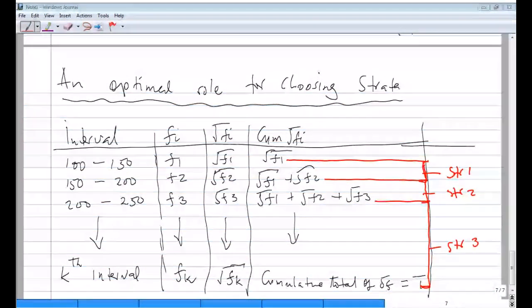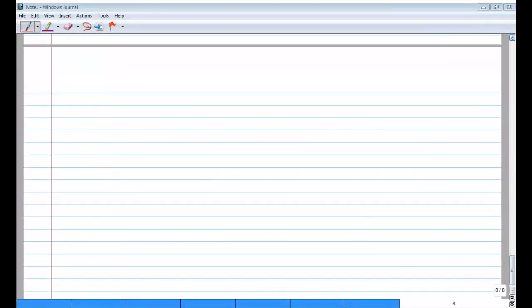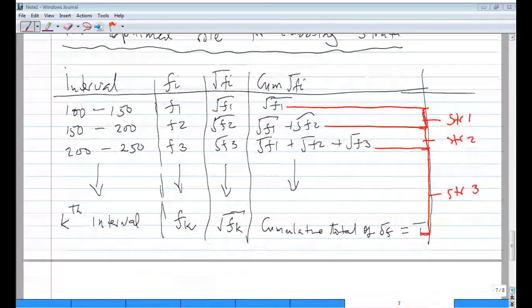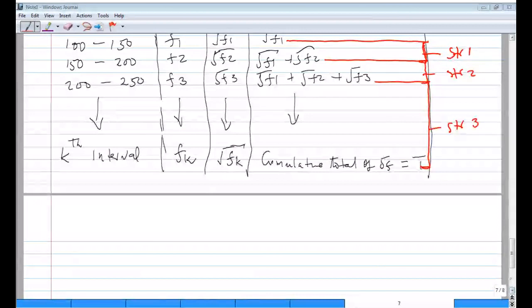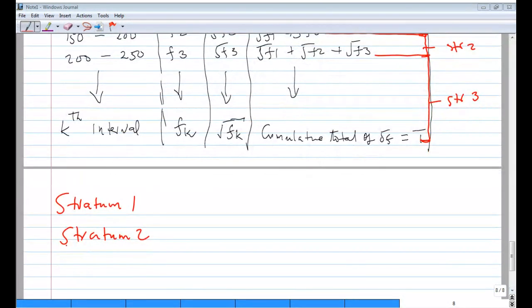When you are done with that, let's write it nicely now. So you have got stratum 1, stratum 2, and stratum 3. According to that, we have 3 of them.